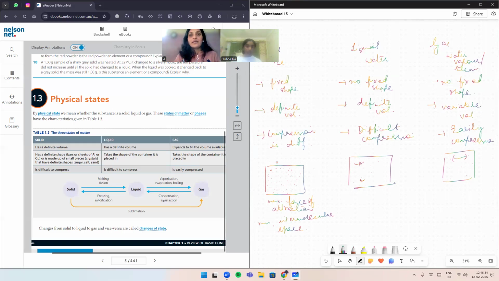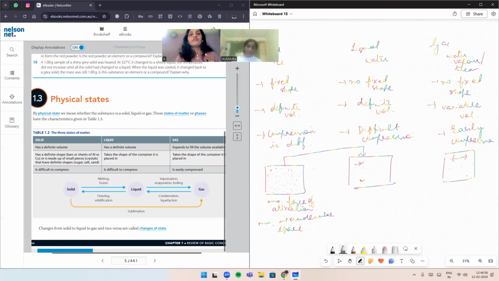Now, what happens when I apply heat to a solid? See, all the energies which are there with every particle, every molecule, the sum total is termed as the internal energy of that substance.